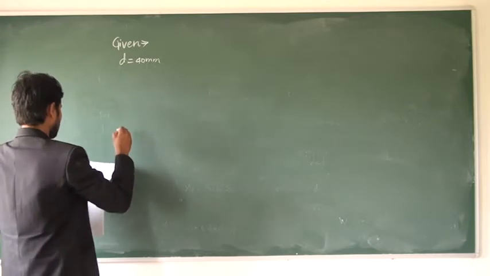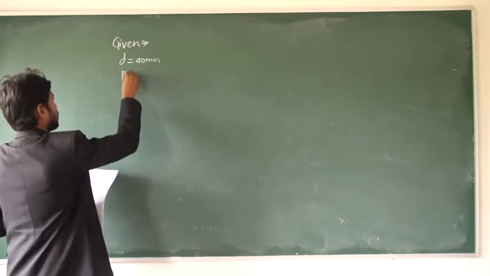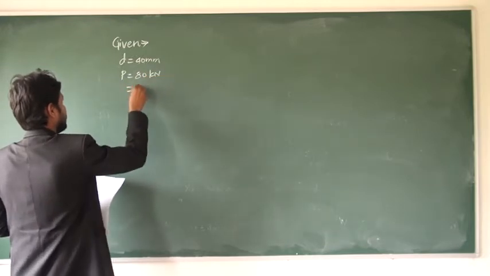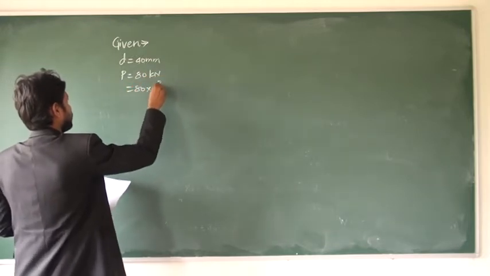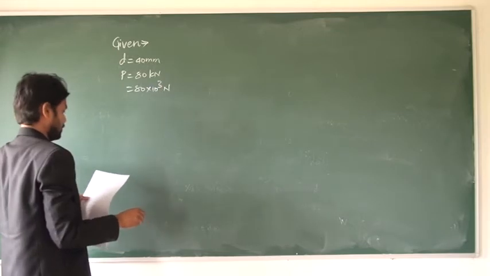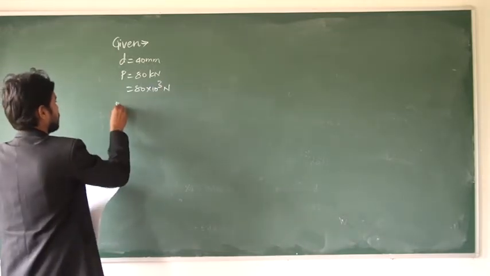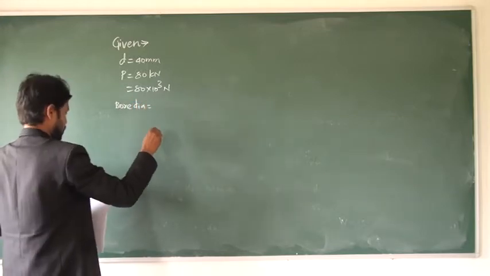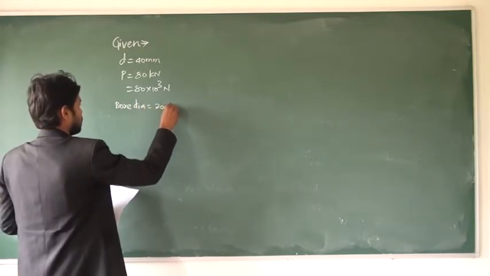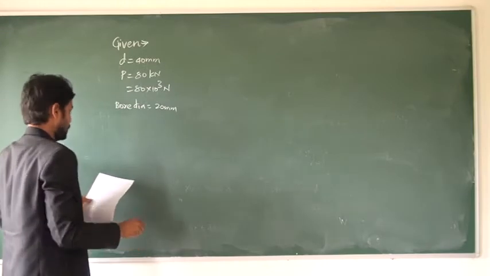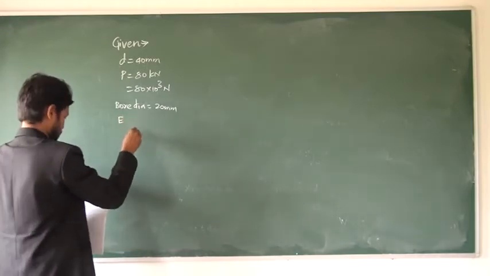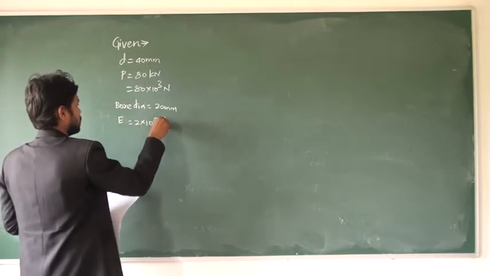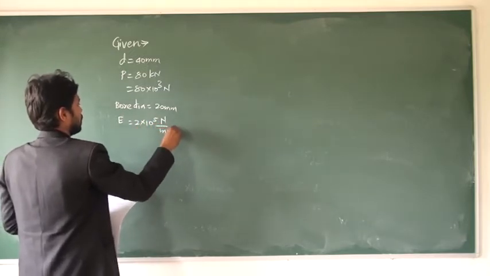Then the pull force is given, it is 80 kilonewton, means 80 into 10 raised to 3 Newton. Then bore diameter is 20 mm. Then Young's modulus is given, 2 into 10 raised to 5 Newton per mm square.